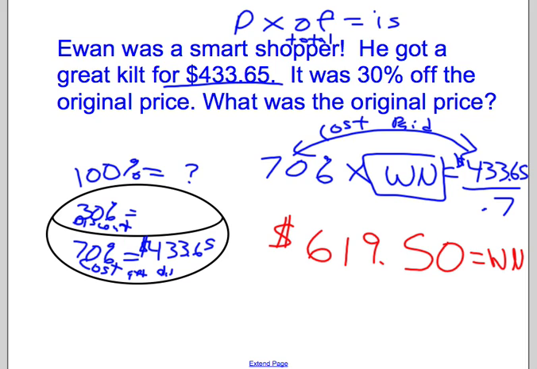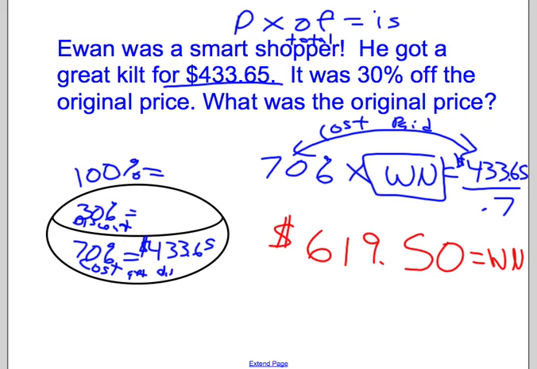Couldn't you just write it from the original formula as 30x equals 433.65? No, because 30 is the discounted amount, so we can't line up the discounted amount.